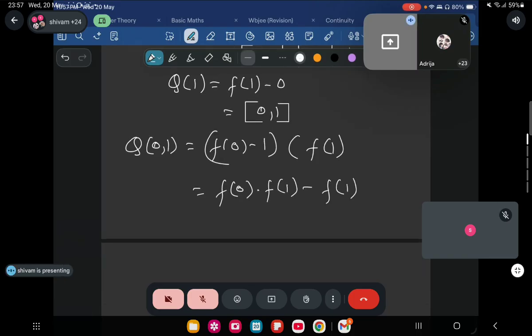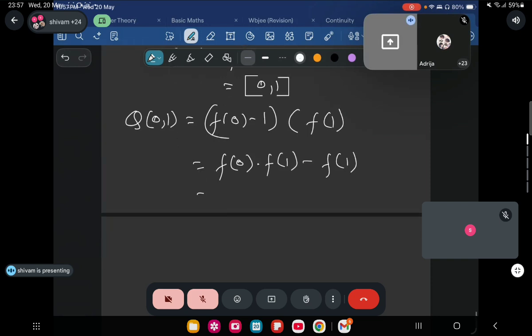If you look at it very closely, it is f of 0 minus 1 into f of 1.